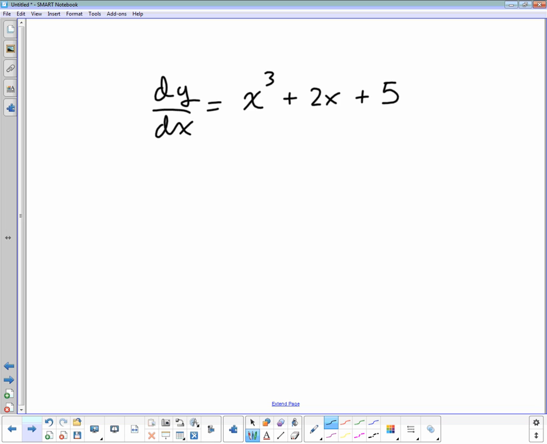So just like in a derivative, we took apart each term. If I wanted to take a derivative of some added terms, I could take a derivative of each individual one, right? So here's the notation piece.